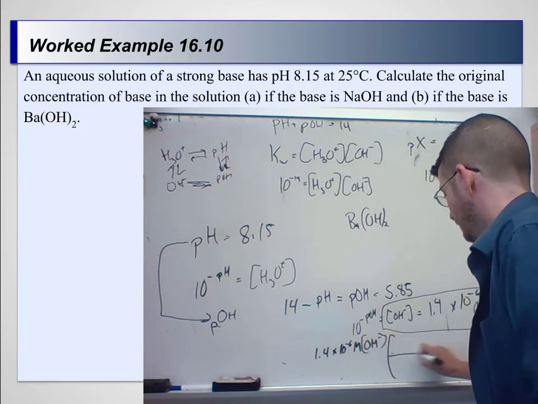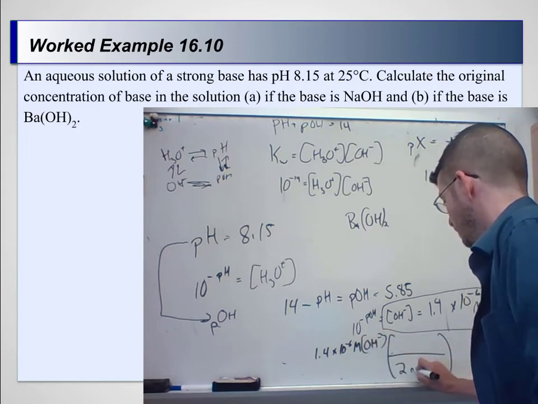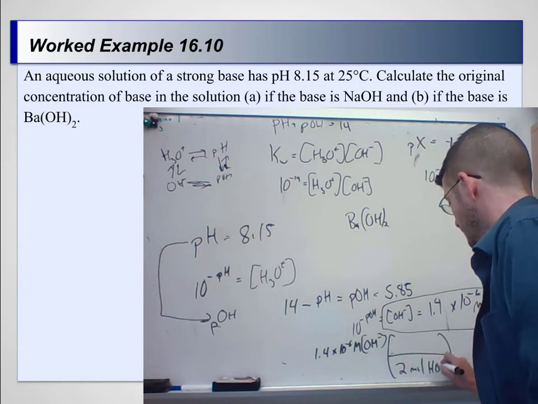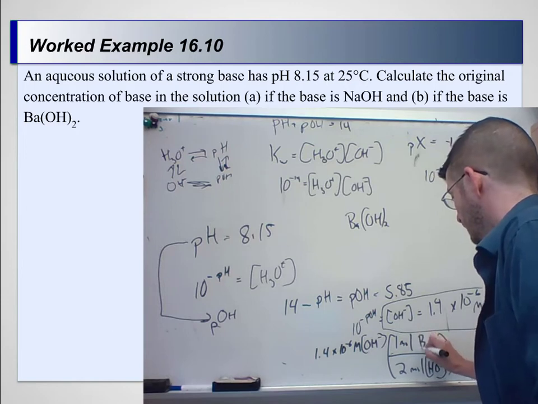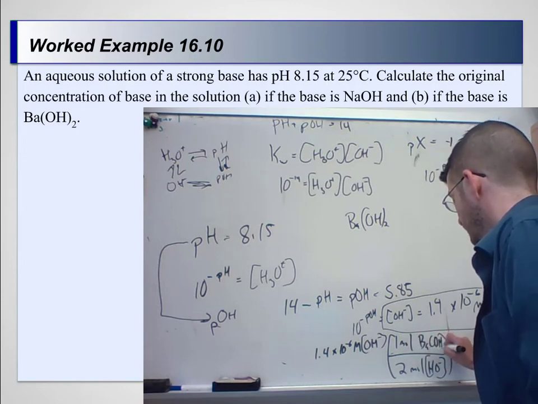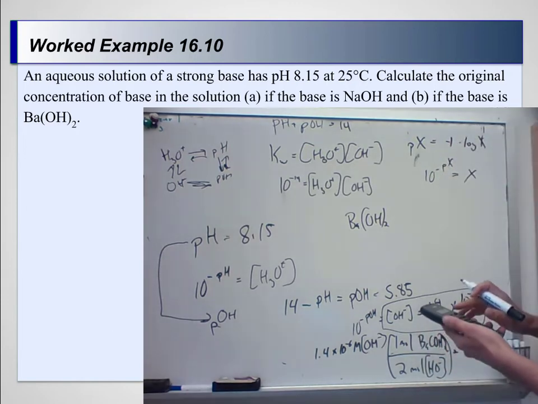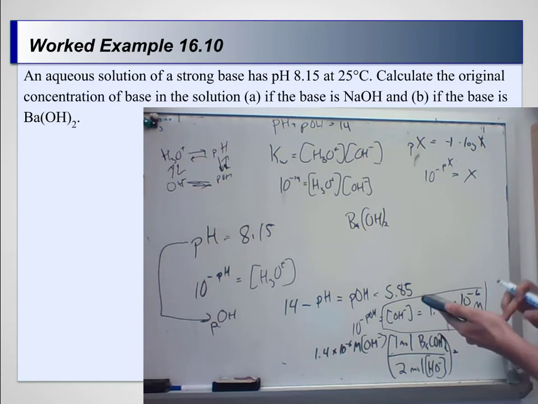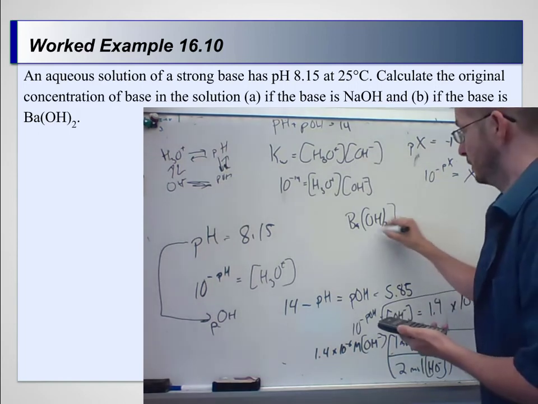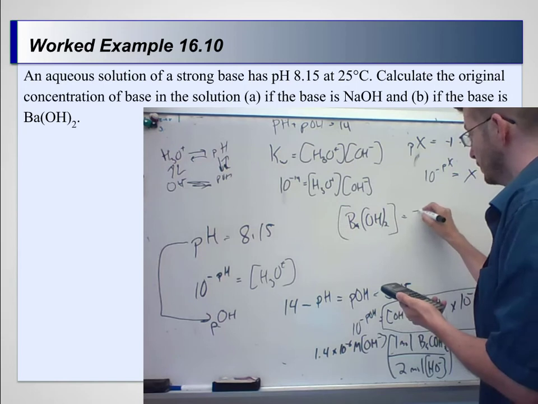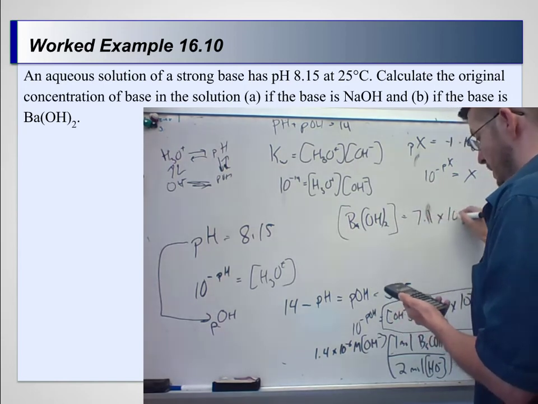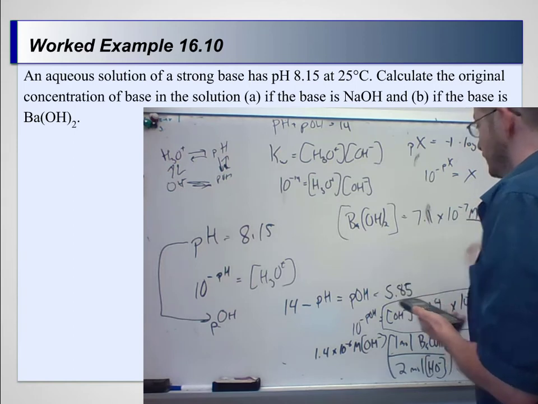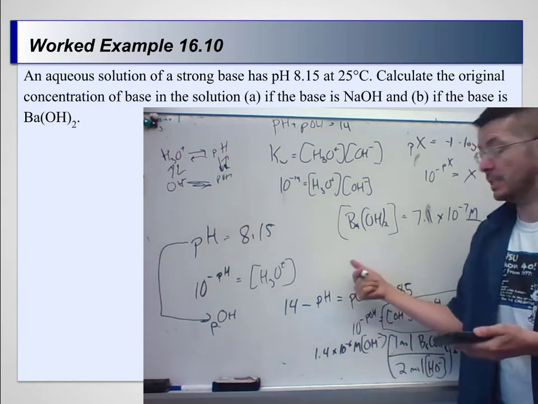And we know that for every 2 moles of hydroxide, that is equivalent to 1 mole of barium hydroxide. That says we would need a molarity of barium hydroxide equal to 7.1 times 10 to the minus 7th molar to obtain a pH equal to 8.